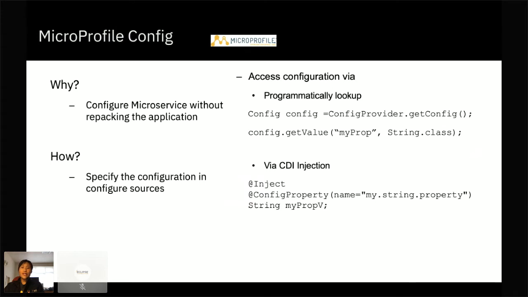Or you can use the CDI injection, which is quite popular. Quite a few speakers demonstrate how to use it: you add @ConfigProperty, specify the config property name, and then CDI directly injects the config value into this myprop variable.